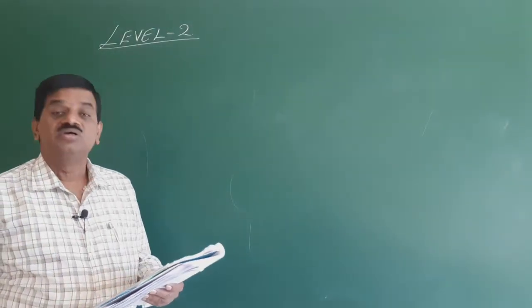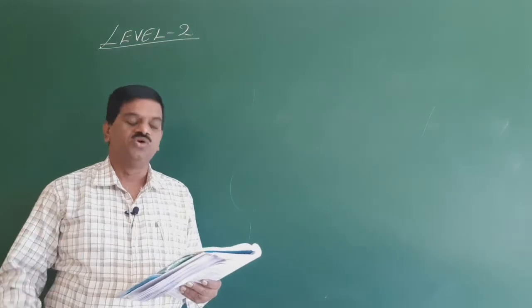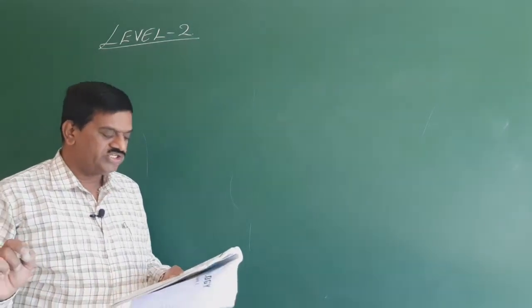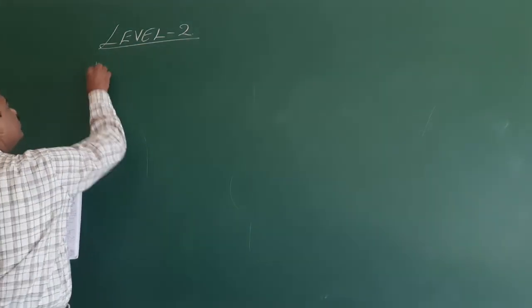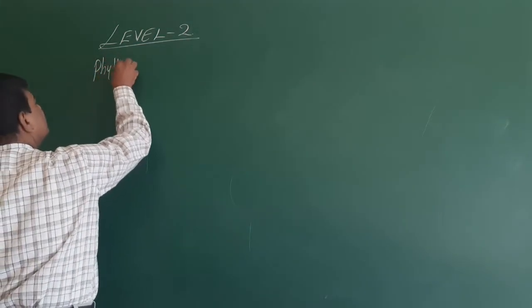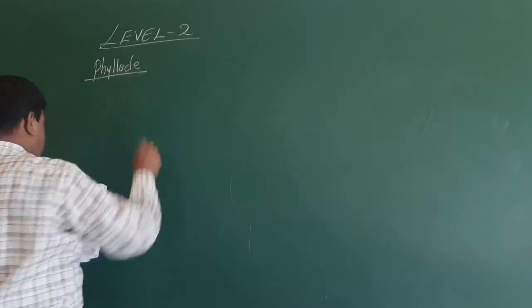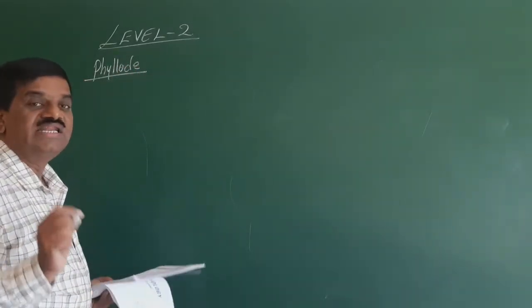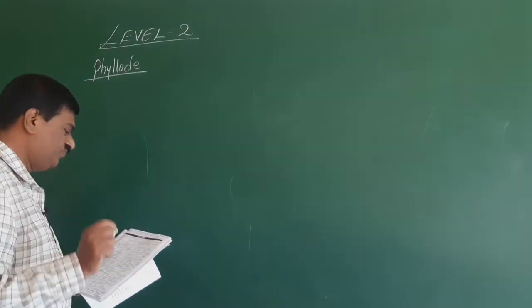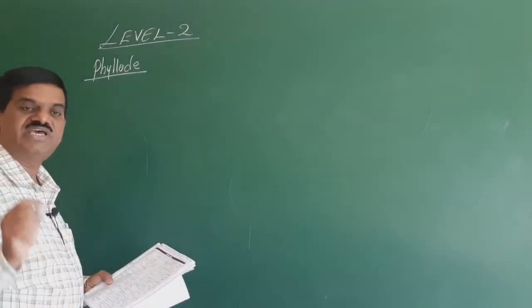So we go for the third question, phyllodes. Phyllodes is found in. Here phyllodes is nothing but a leaf-like structure. Leaf-like structures function as a leaf.